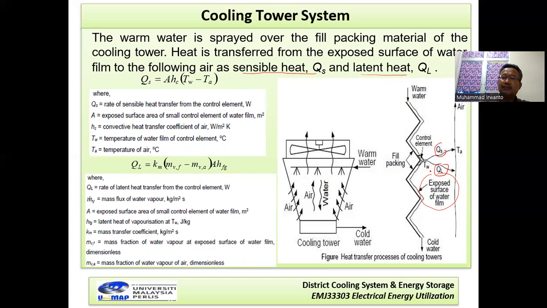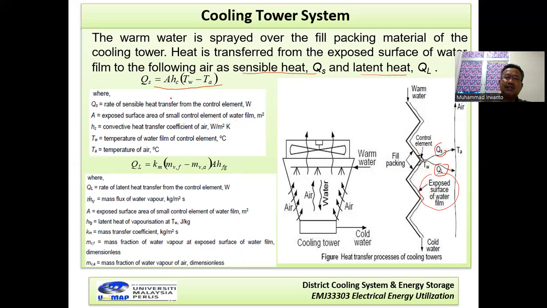Now, the value of the sensible heat is given by this formula: QS is equal to A multiply HC multiply (TW minus TA). Where A is the small exposed surface of the water film, the cross-section area of the small control element of the water film.